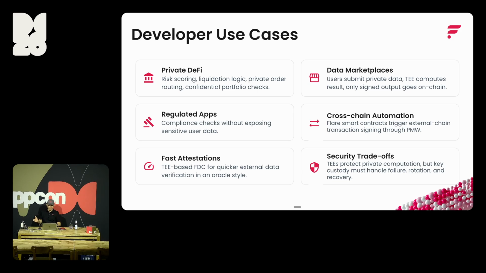Then there are data marketplaces, and very important, what we are also working on, and why we actually created this and are giving it to anyone, is cross-chain automation or cross-chain communication. We're working right now on a cross-chain wallet, specifically with Bitcoin. This is how you could control a Bitcoin wallet from the Flare network, which is an EVM chain.